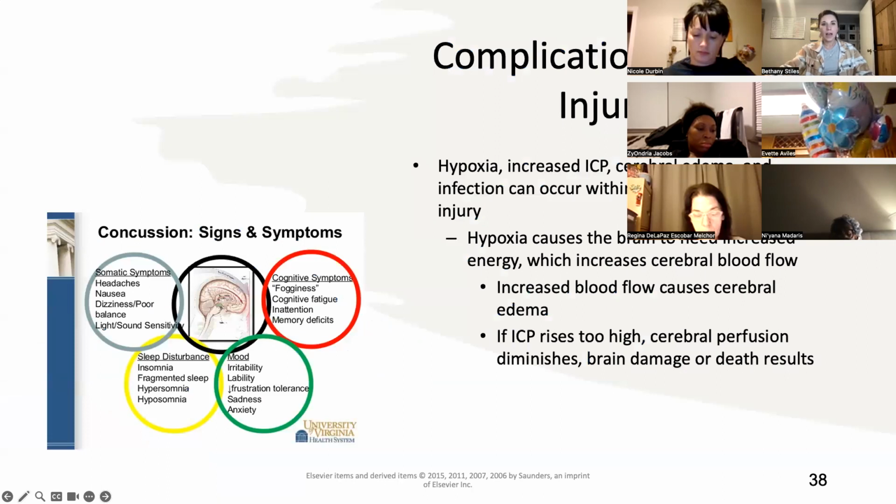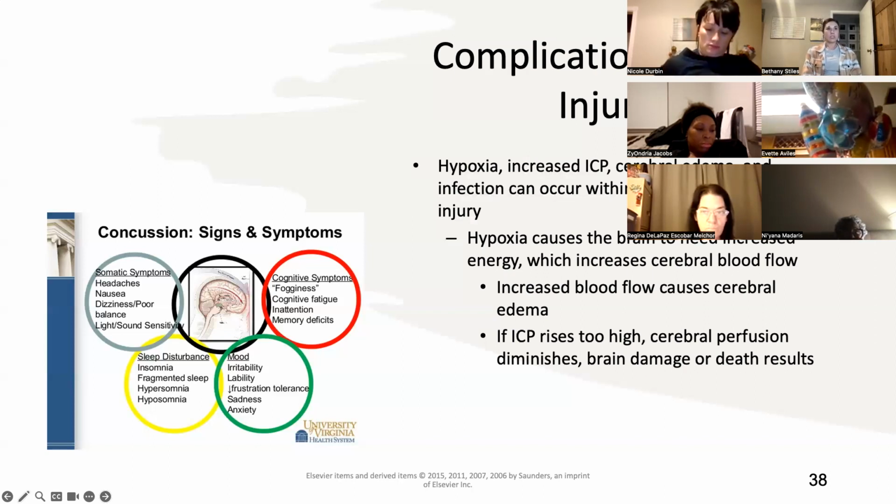When we're looking at head injuries, we have lots of different head injuries, starting with concussions. So we have different signs and symptoms that we can see, but the things that we need to be aware of are hypoxia, increased intracranial pressure, cerebral edema, and infection that can happen within a couple days of a head injury.